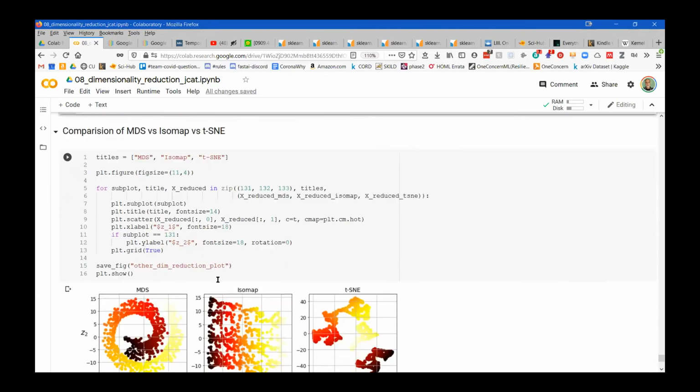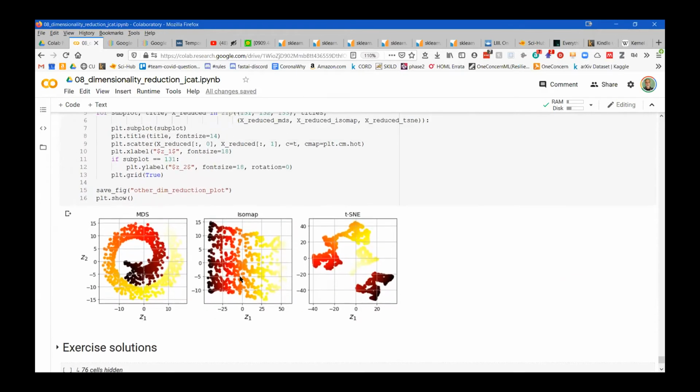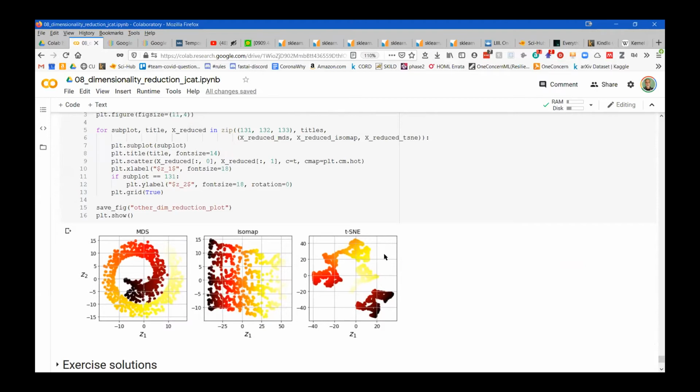It gives a little comparison of these three techniques. Here's the TSNE. It keeps dissimilar instances far apart, right? And ISOMAP seems to unroll the Swiss roll, kind of like LLE did, except with maybe a little bit less distortion.